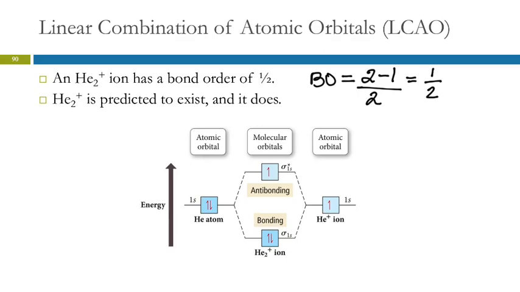It does. It's weird, it's not common. You're not going to run into it in this class anywhere except in this discussion of molecular orbitals, but it does exist. And the test of a theory or a model is, does it match up with experimental observation, right? So it's important that it matches up.